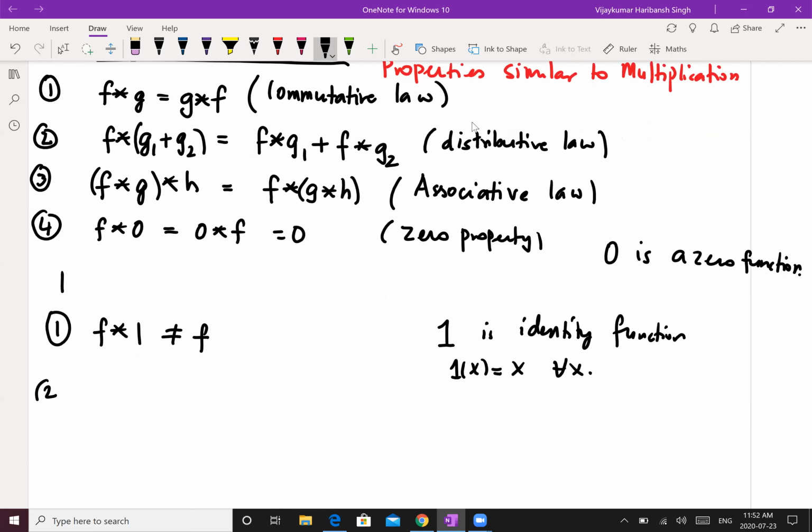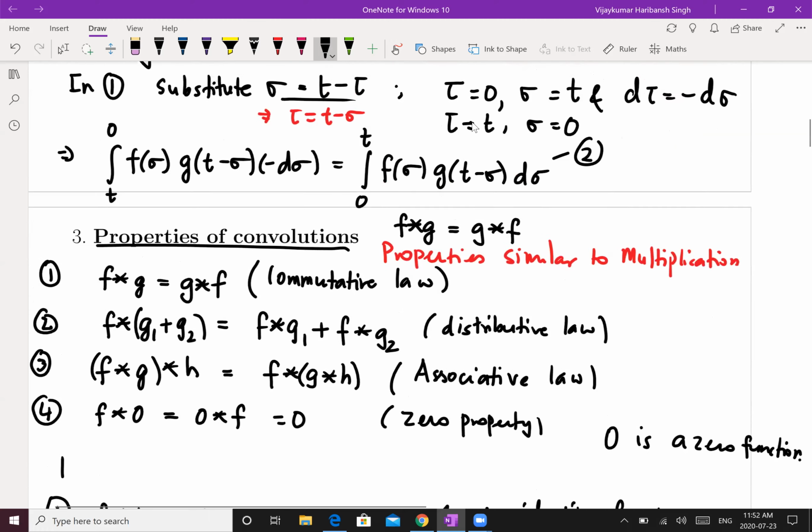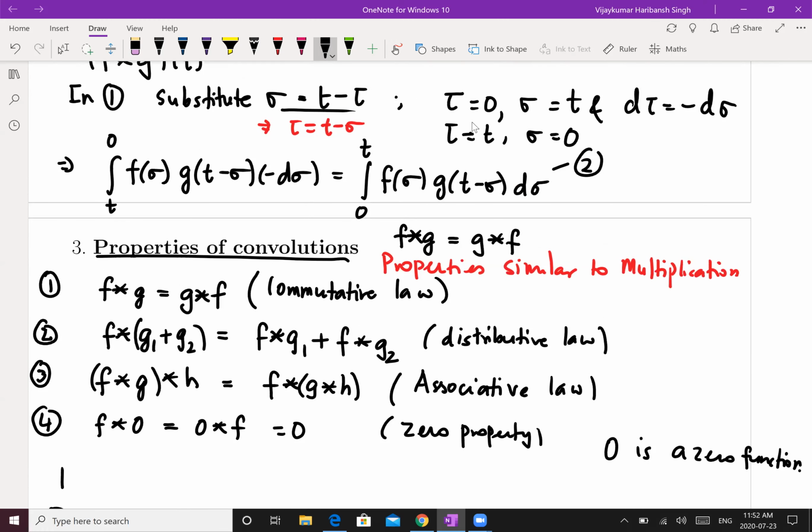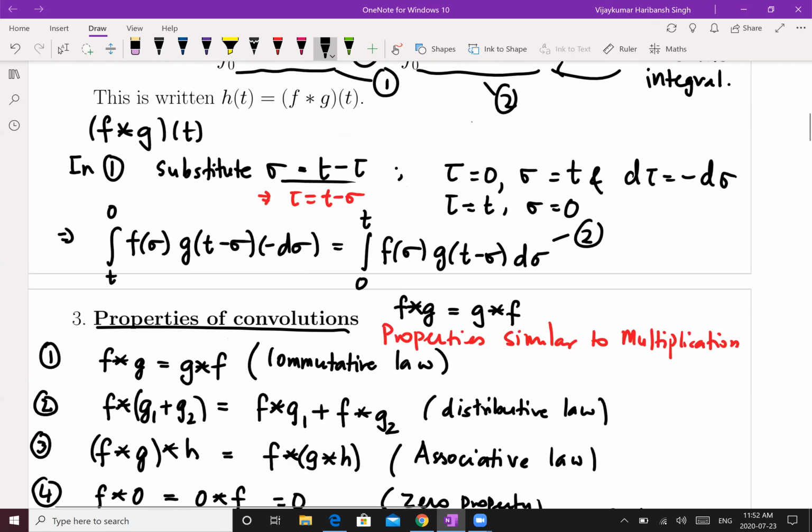And the second property, f star f is not necessarily positive. Now note that the outcome of convolution is basically a function, right?